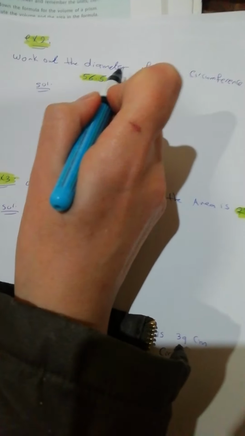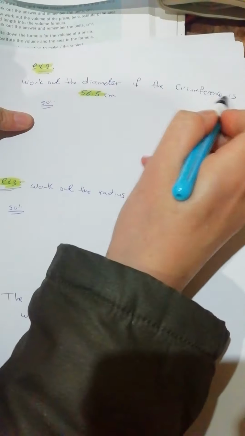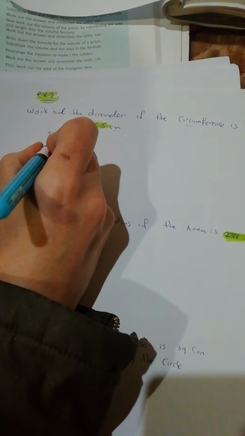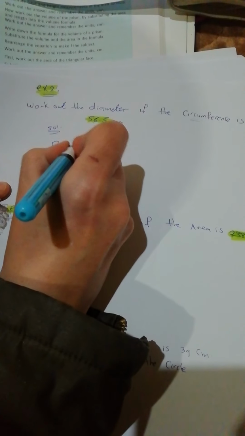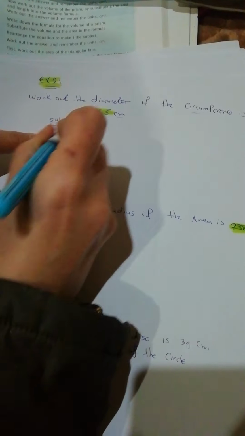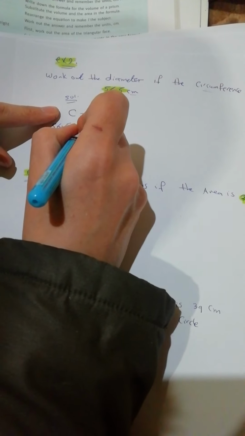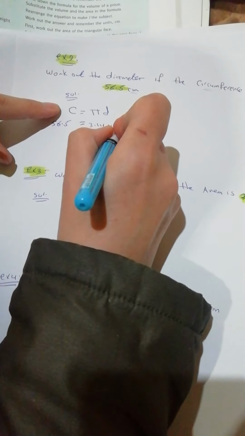Work out the diameter if the circumference is 56.5 centimeters. Now the circumference is given. The circumference pi D equals, now substitute the circumference by 56.5 equals 3.14 times the diameter.